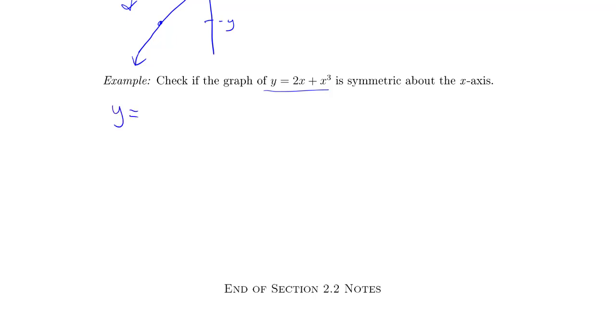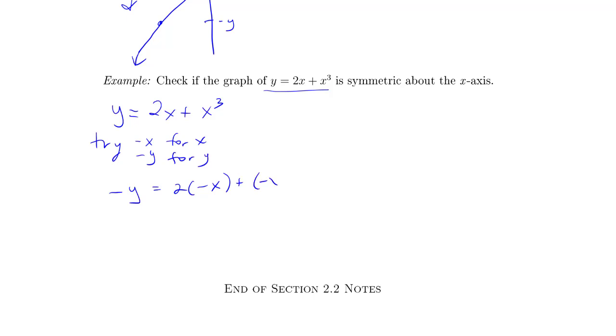I'm going to try negative x for x and negative y for y. So negative y is 2 times negative x plus negative x cubed. I want to see if I can get back the original equation.